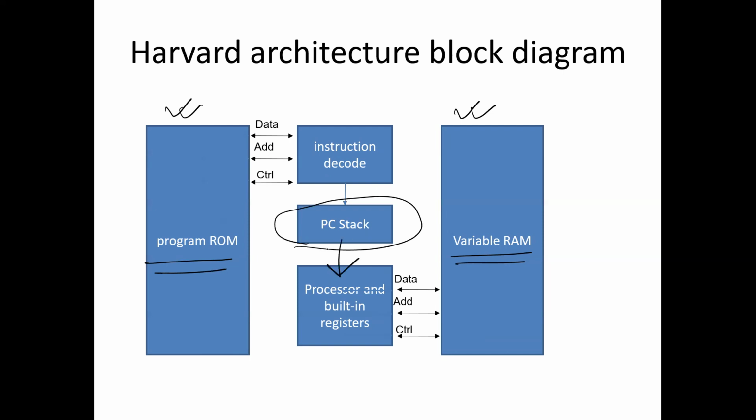After that, it can access. But separate memory locations are there: separate location for program memory, separate location for data memory or variable RAM. Okay, so these are the two architectures available in the microcontroller industry.